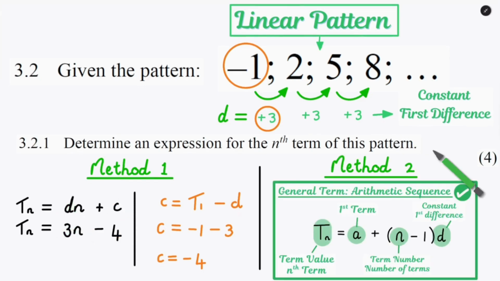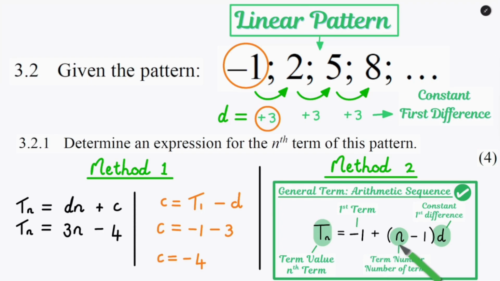And method 2 is more using a matric formula. So this you get introduced to in matric, but you are still allowed to use it in grade 11. Bear in mind these ticks and crosses that show you when it's on or off the formula sheet. That is for a matric formula sheet. Okay, so a is a placeholder for the first term. The first term is negative 1, so let's pop it in quickly.